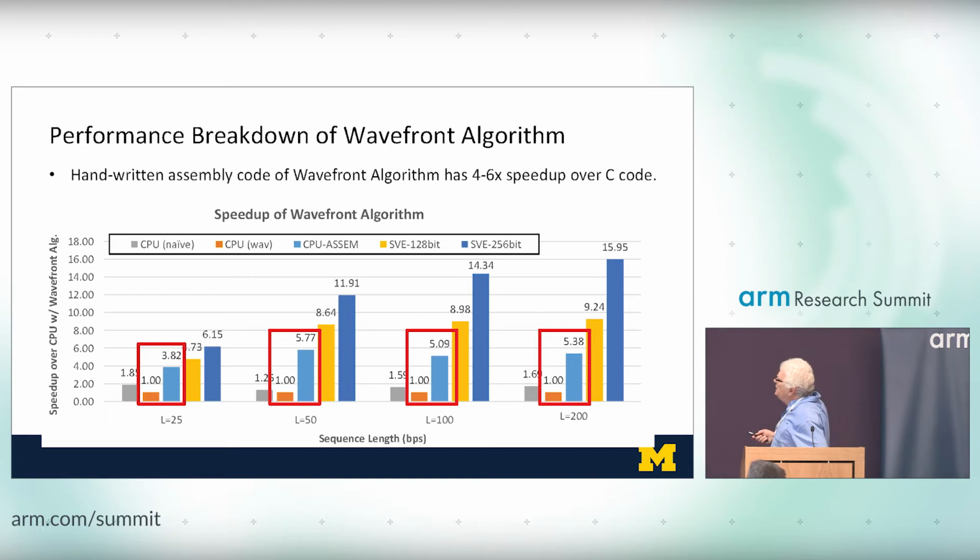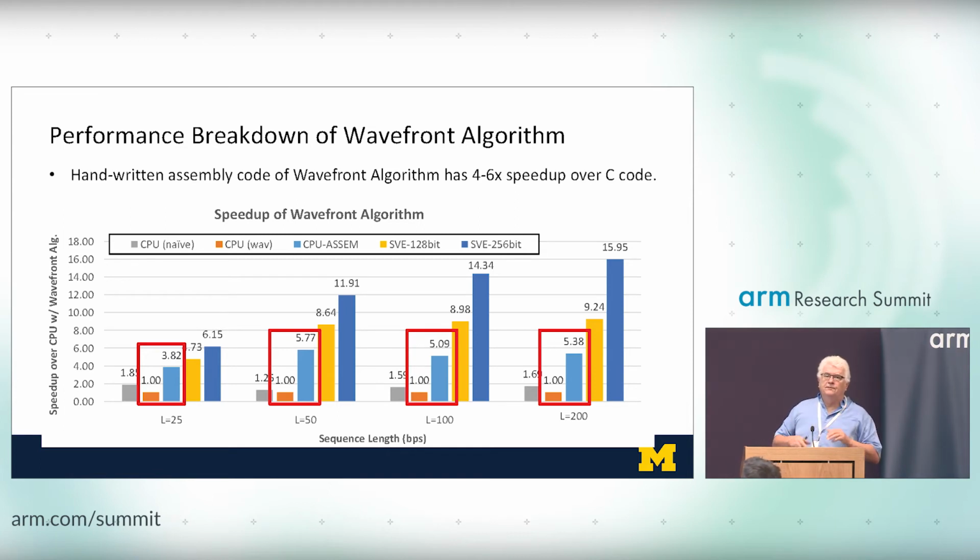So when we took the CPU as our baseline, if you compare the gray with the CPU assembler, you can see that you can get a speedup of 3 or 4 almost just by hand coding the basic algorithm.